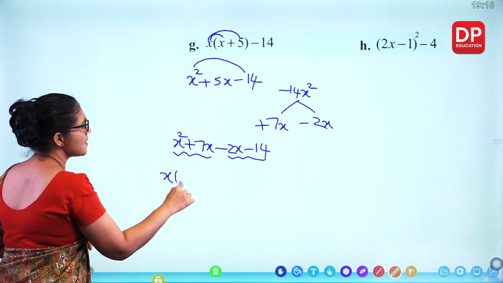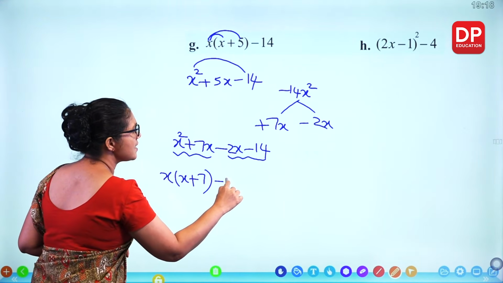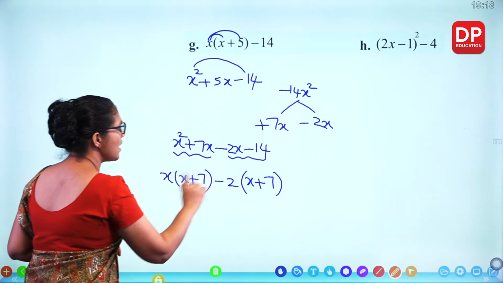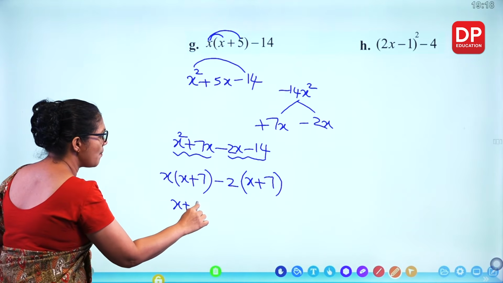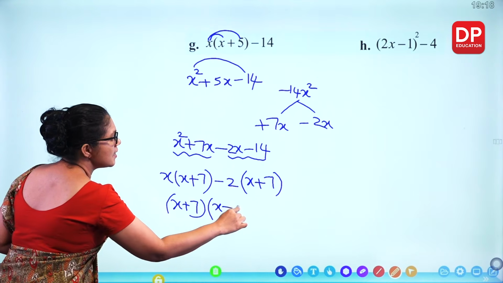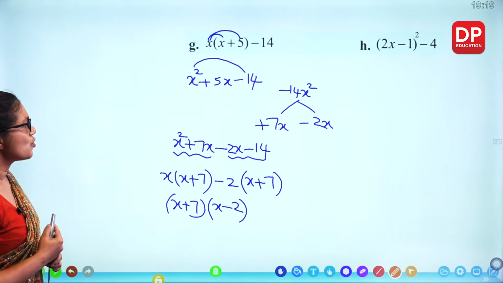I can take x out and write x plus 7. So here I can take minus 2 out and write x plus 7. So here x plus 7 is common, take it out and write the remaining part inside other brackets. So you get x minus 2.